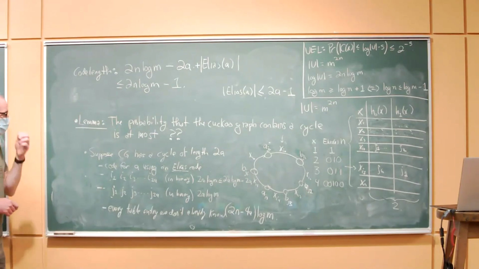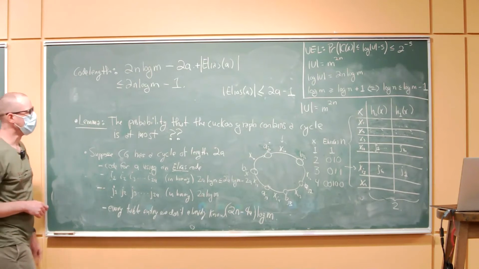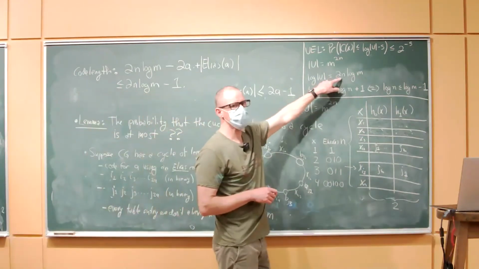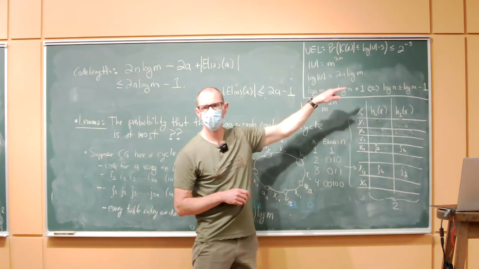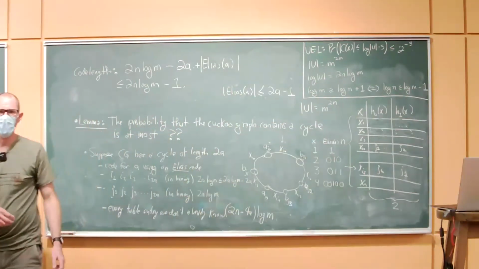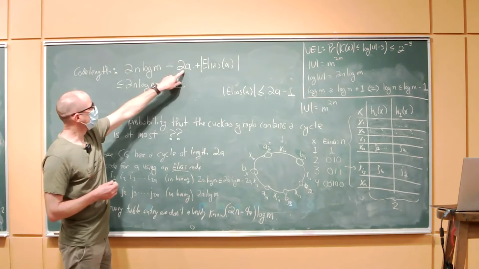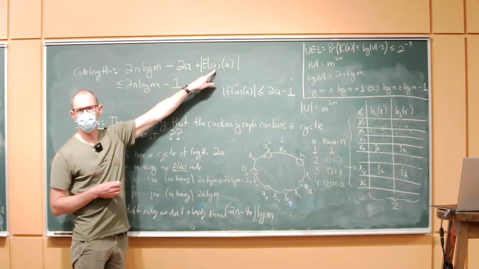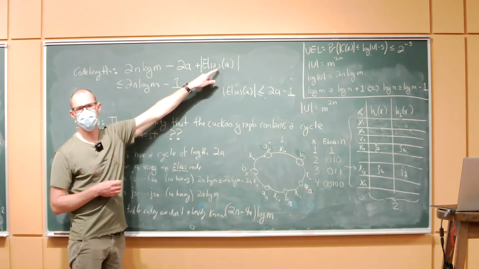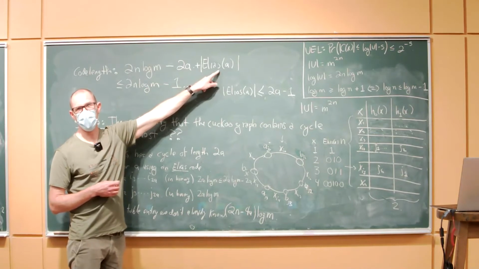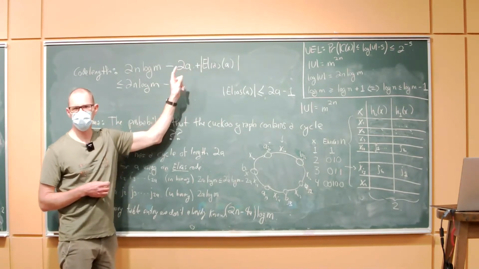So if the graph contains a cycle, this encoding will use at least 1 less bit than this number. It may use even less than that. In fact, the longer the cycle is, the more bits it saves. Because usually the difference between 2a and the length of the Elias code for a is huge. If a is big, this looks like 2 log a, and this is 2a.